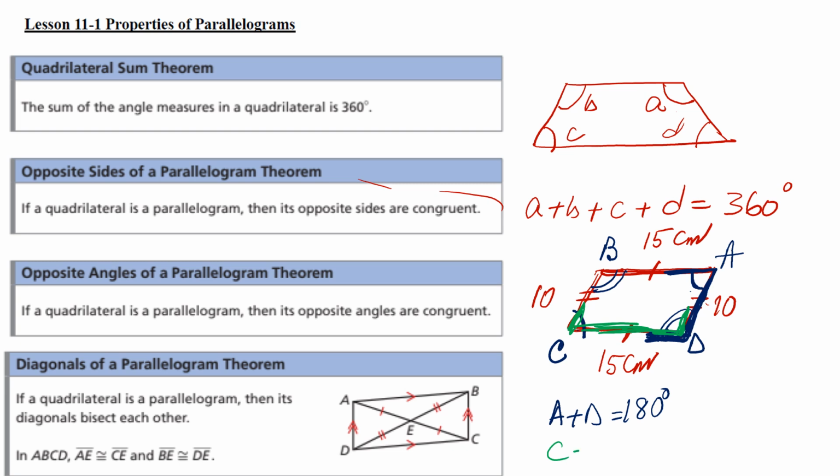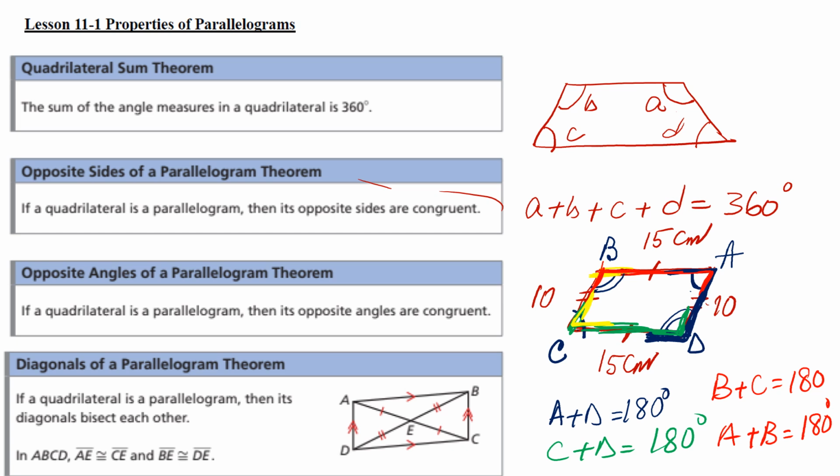So C plus D is also equal to 180 degrees. Similarly, when you add angle B and angle C, the sum must be equal to 180 degrees. And lastly, when you add angle A and angle B, the sum of these angles is also equal to 180 degrees. So these are the properties of a parallelogram.